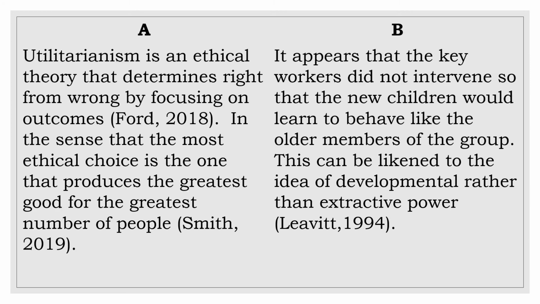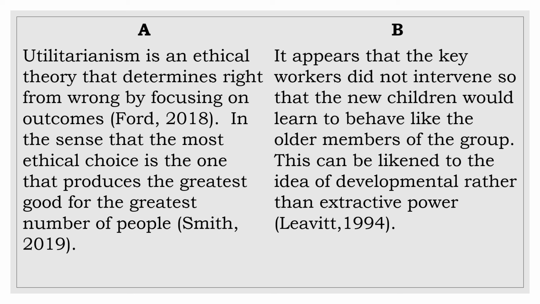So I have here now two paragraphs, paragraph A and paragraph B. Can you tell me which one is critical and which one is descriptive? You can pause the YouTube video now to try to find out. Yes, you guessed it. Paragraph B is critical. It is critical because of the language, because it's engaging with theory.